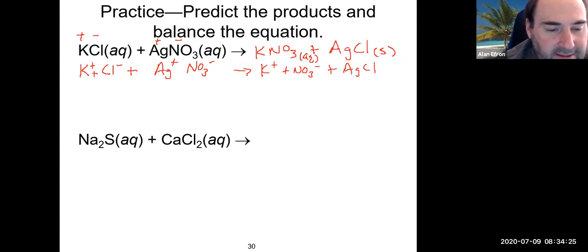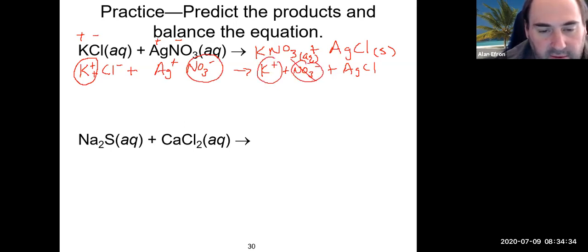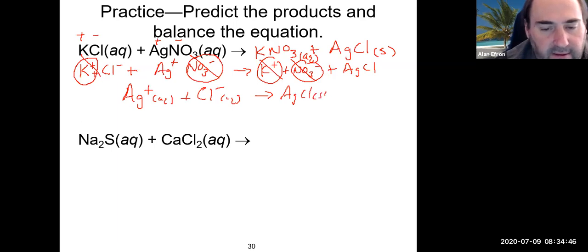Our spectator ions in this case would be our potassium and our nitrate on each side. Get rid of those, and that's going to leave us our net ionic equation, which would be the silver plus the chloride, making silver chloride. Again, didn't ask for it here, but that would technically be it.